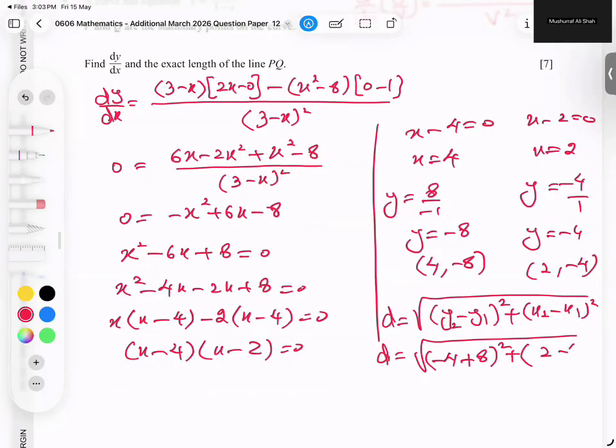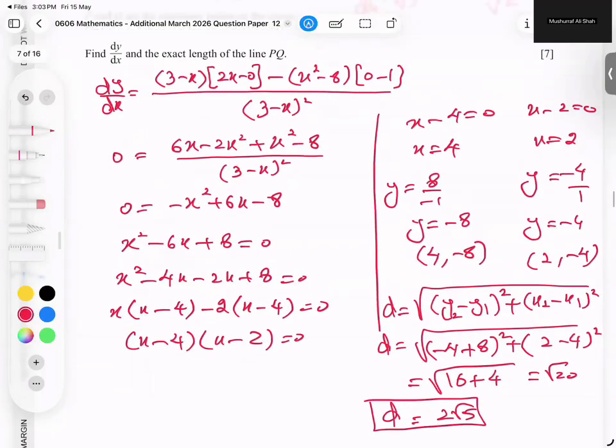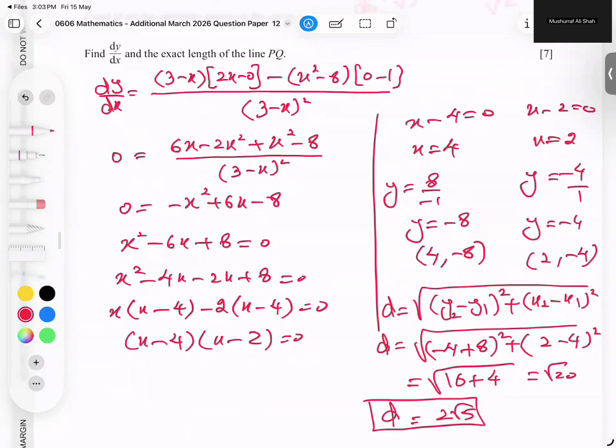Same way, 2 minus 4. Here I got 16, here I got 4. And root 20, and root 20 is, 5 4s are 20, so 2 root 5. And this is our final answer. I hope the concept of the question is completely clear.